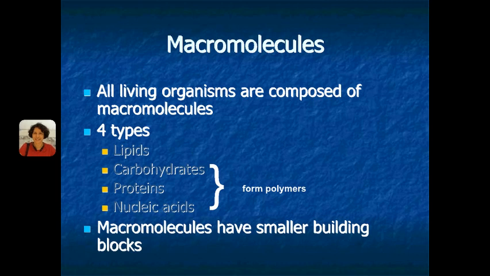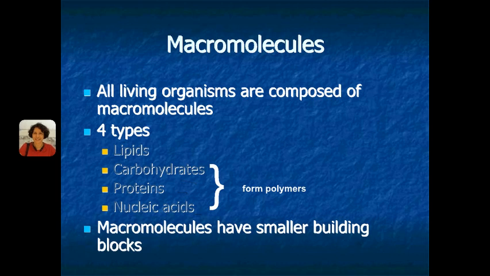These large molecules are known as macromolecules, and the prefix macro just means large. There are 4 types of macromolecules, which are the lipids, the carbohydrates, the proteins, and the nucleic acids. In general, macromolecules have smaller subunits or building blocks that make up the larger molecules.